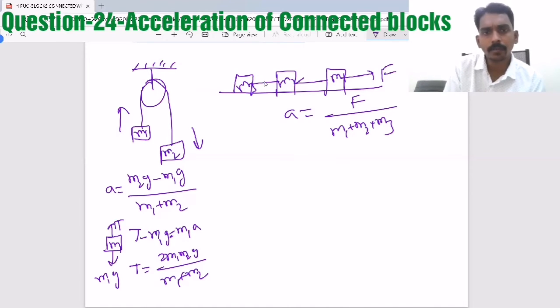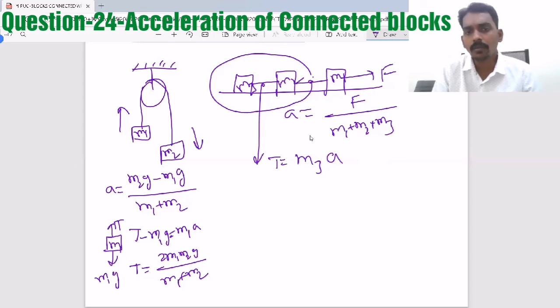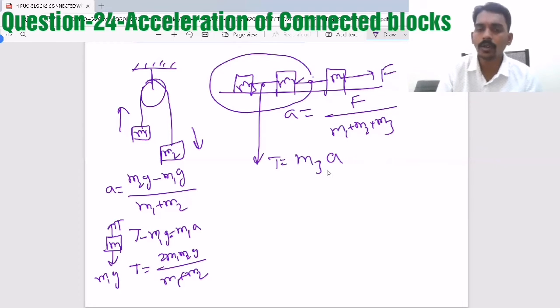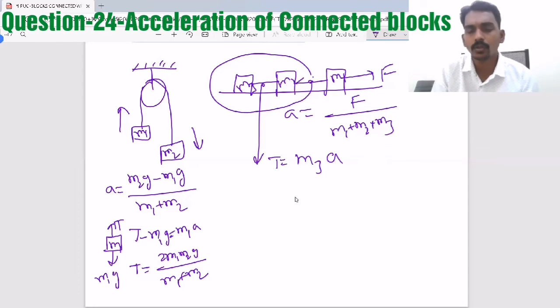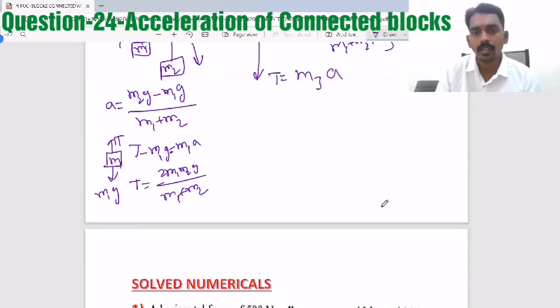Now tension at any point, suppose tension here, as I said, is the mass pulled by that point times acceleration. Here tension means the mass pulled by that point, that is M2 plus M3, into acceleration. They may give two blocks, three blocks, anything.